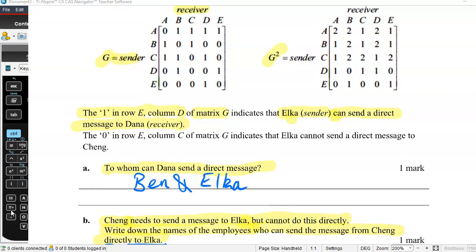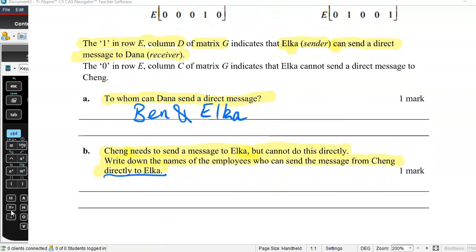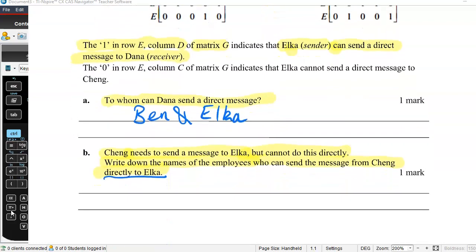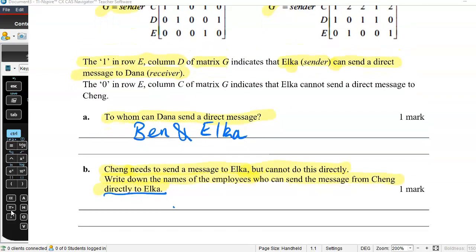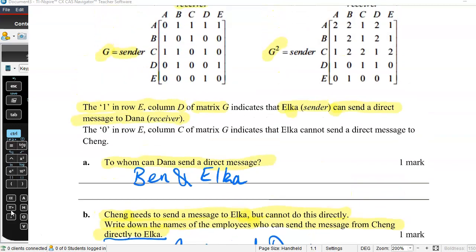Amara and Dana are the ones who can talk to Elka. So, yeah, that's it. Amara and Dana. And 71% of the state got that mark.